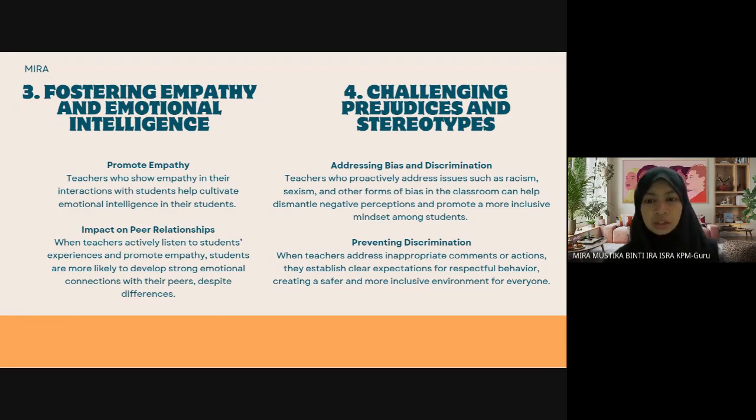So when teachers address inappropriate comments or actions in the classroom that have been made by students, they establish clear expectations for respectful behavior. And this can create a safer and more inclusive environment for everyone.